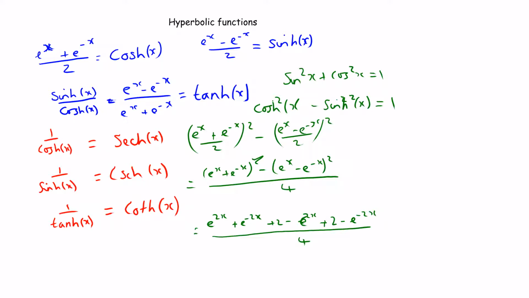As you can probably see already, e to the 2x cancels with negative e to the 2x, and e to the negative 2x with negative e to the negative 2x, which leaves us with 4 over 4, which is equal to 1. QED. So that is the proof of the first identity.